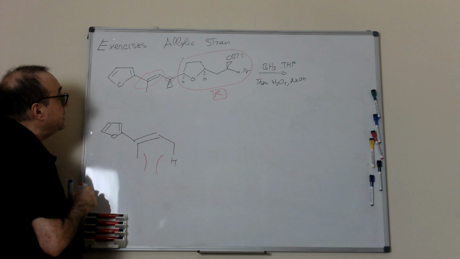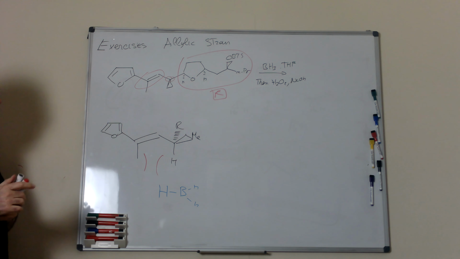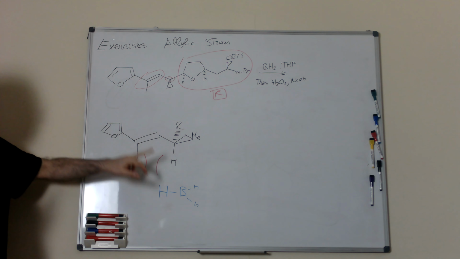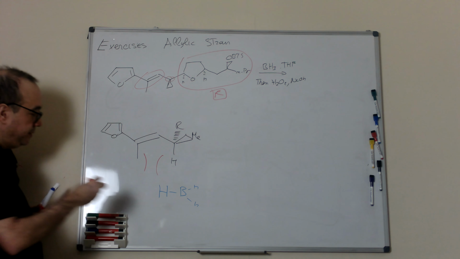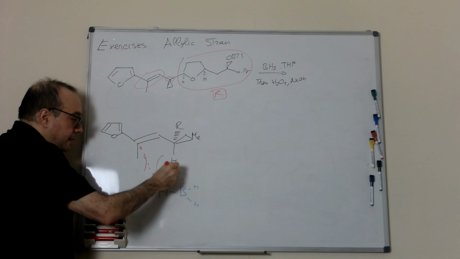And now what is happening is the borane is coming. Remember that in the case of a hydroboration, the hydride will go to the most substituted part of the double bond, while the boron is coming to the less substituted part of the double bond.